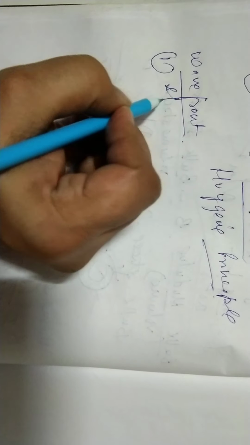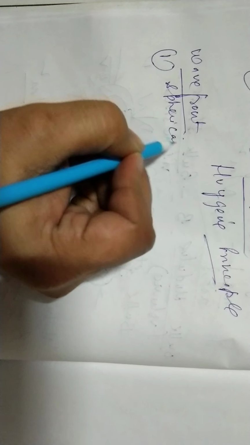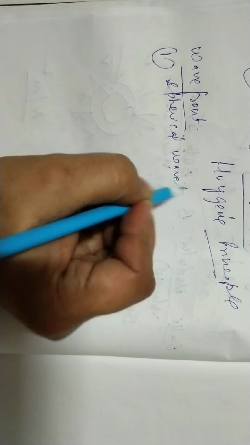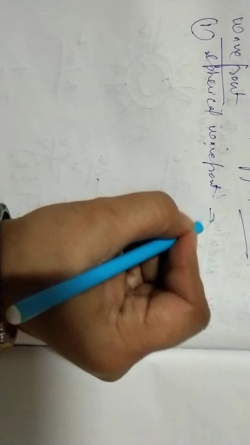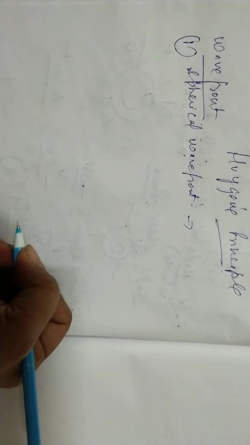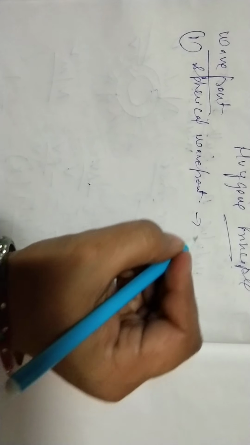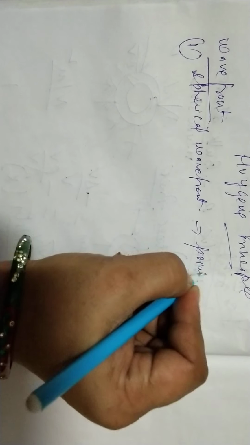Now there are three different types of wavefront. One is the spherical wavefront, which is generally given by a very small source. That is what we call the point source.